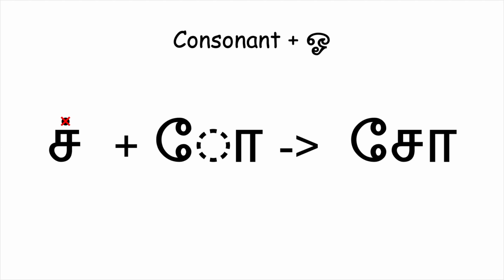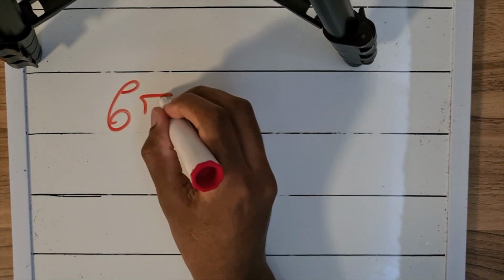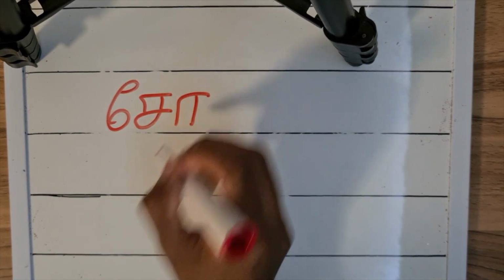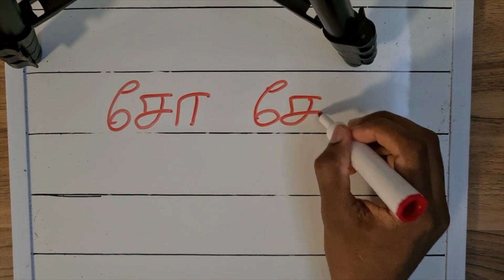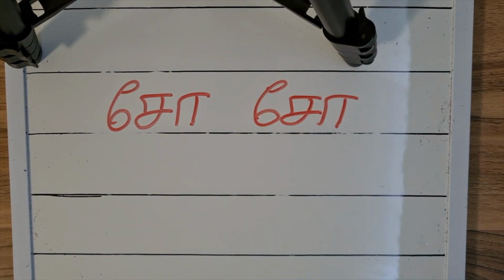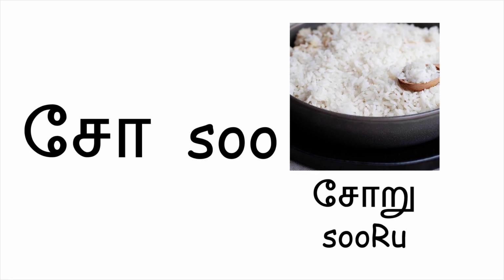Let me show you how to write saw. An example word that starts with saw is soru, which means rice.